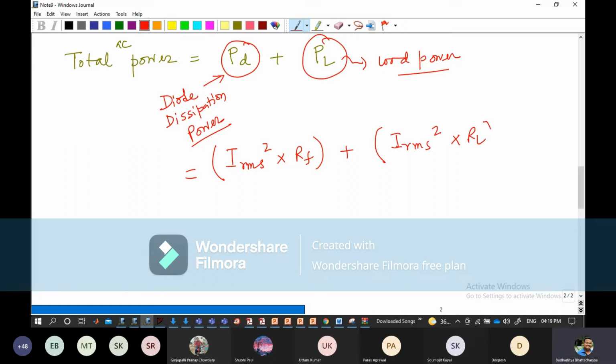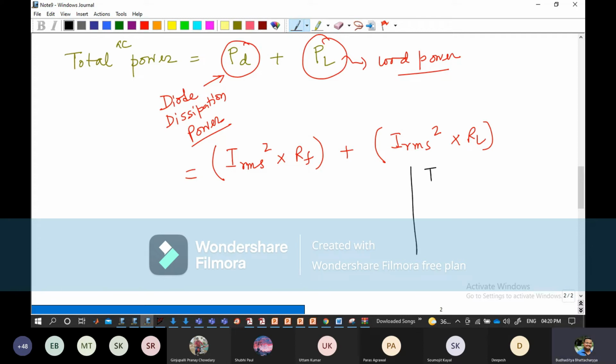But IRMS is unknown to us. IRMS we have not found out. All right. So we have to find a way in which the IRMS can be found out, and that IRMS is nothing but the square root of the mean of the square of the current. Let me write it in a footnote over here.